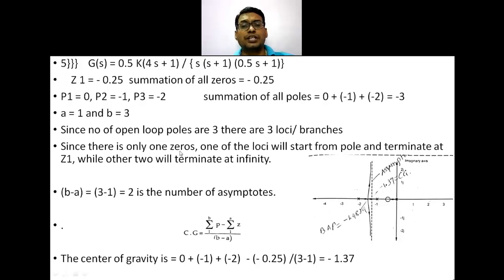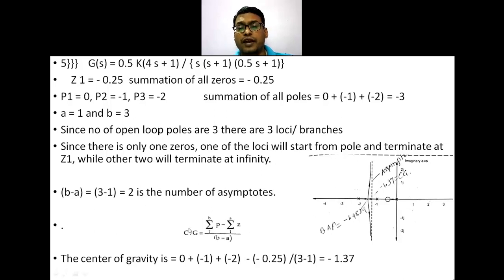Since there is only one zero, one of the branches will start from an open loop pole and terminate at the open loop zero, while the other two will terminate at infinity. So there will be b minus a number of asymptotes: 3 minus 1, which is equal to 2 asymptotes.